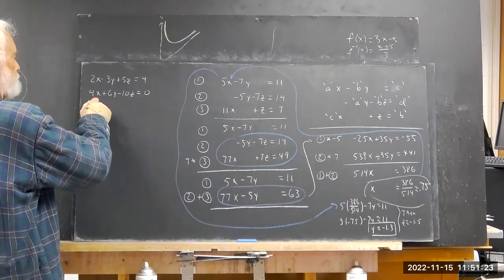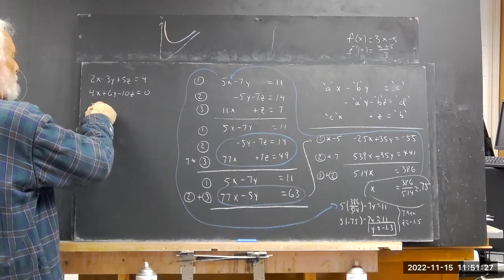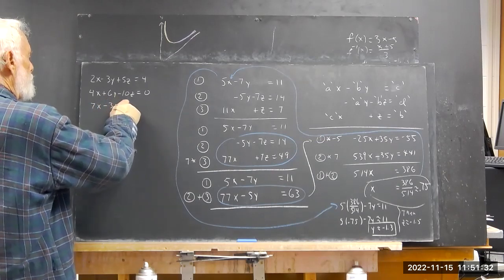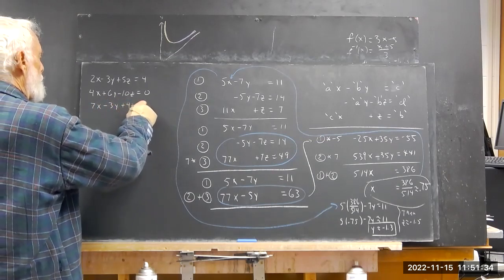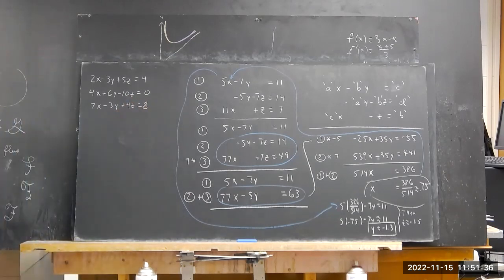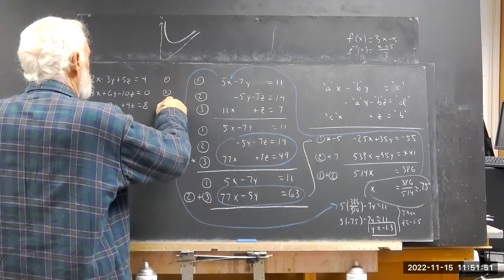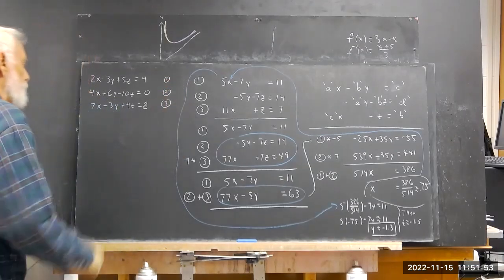And then x minus 3y plus 4z equals 8. So this will be your equation 1, this will be your equation 2, this will be your equation 3.